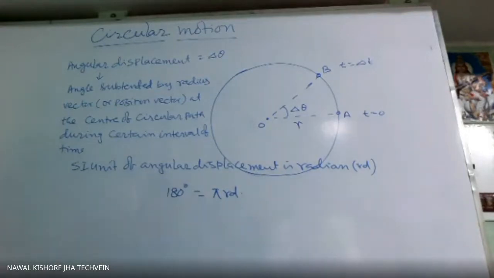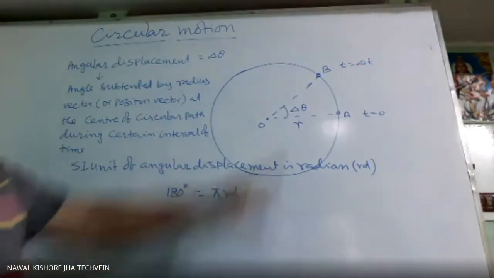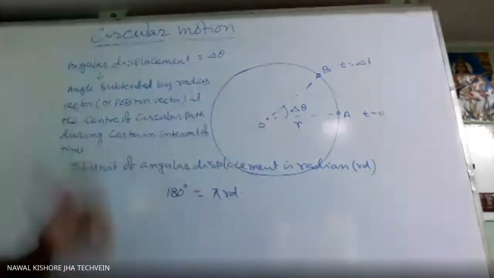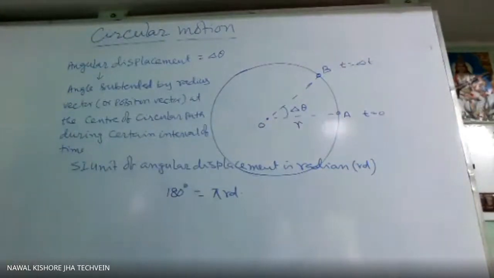Now, angular speed. Linear speed, what was that? The rate of change of displacement, that is linear speed. So similarly here, the rate of change of angular displacement, that is angular speed.